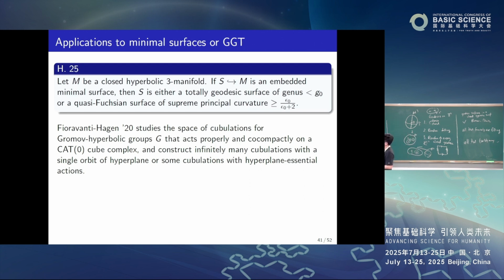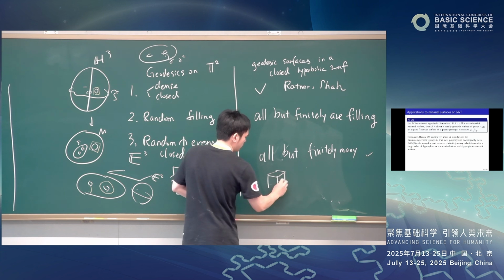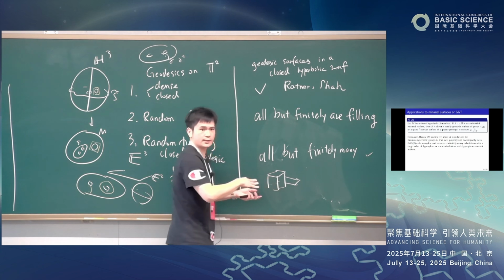But what I can tell you is that if your hyperbolic group acts on a CAT(0) cube complex, a cube complex is a high-dimensional generalization of trees. You can think of it like this: I take a cube, and then you glue a square with a cube, but with some isometry.